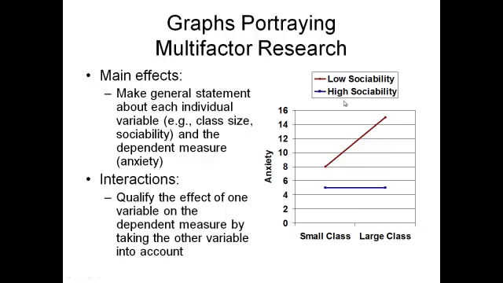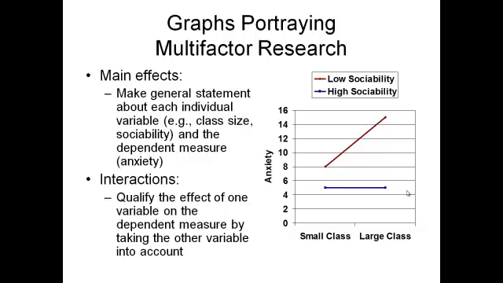It's not going to do anything for the students who have high sociability, but it would be helpful for students with low sociability. So a better conclusion you get from this interaction is that the low sociability students react differently to class size in terms of anxiety than the high sociable students.